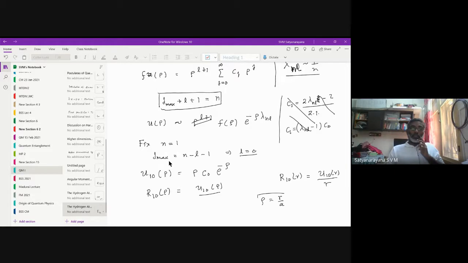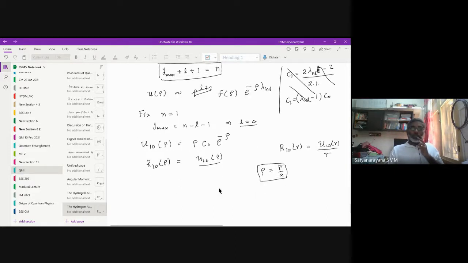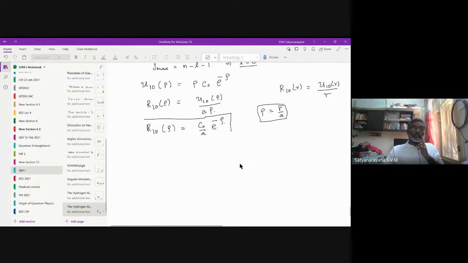So this is our non-dimensionalization of r. So r is equal to rho into a. So this will be some a into rho you have to write. So this rho and this rho will cancel. So you have R10 of rho is equal to some C naught by a into e to the minus rho.